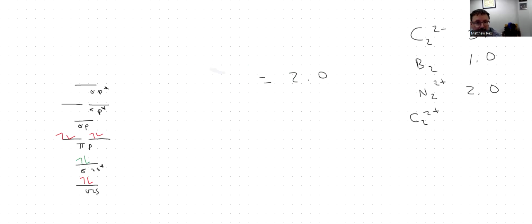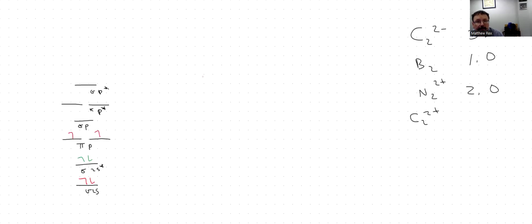And then lastly, we're going to do the C2 2 plus. So 4 plus 4, 8, but 2 plus charge should give us 6. So 6 electrons, 1, 2, 3, 4, 5, 6.